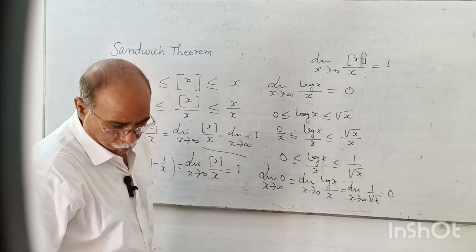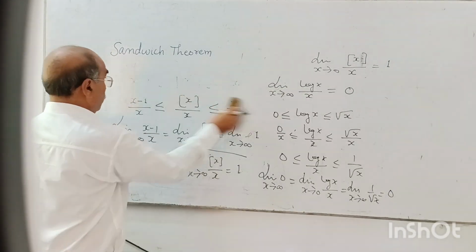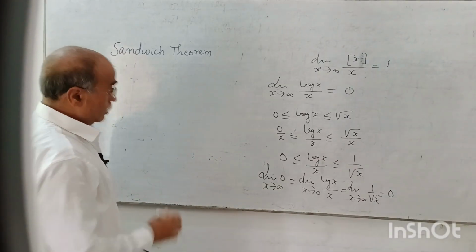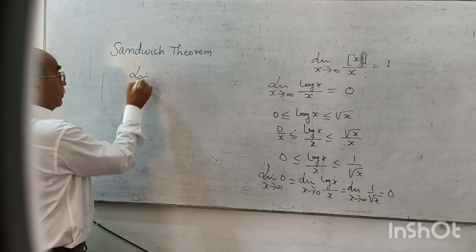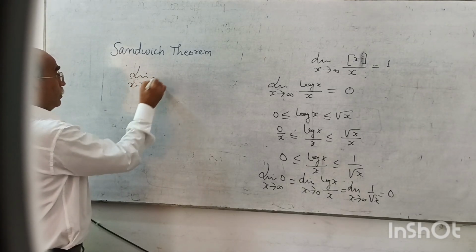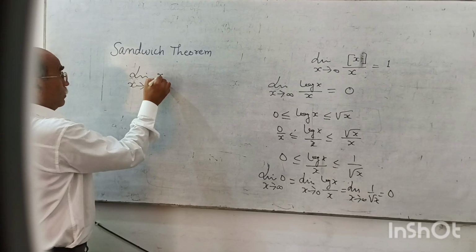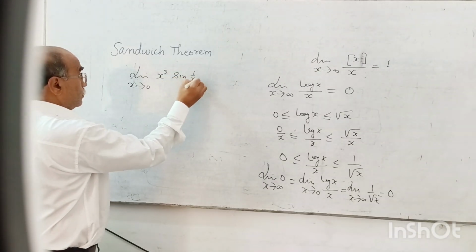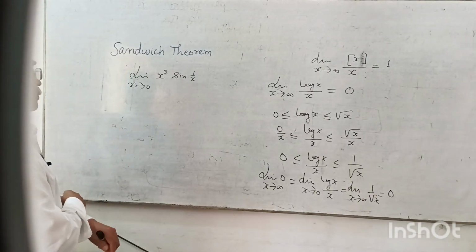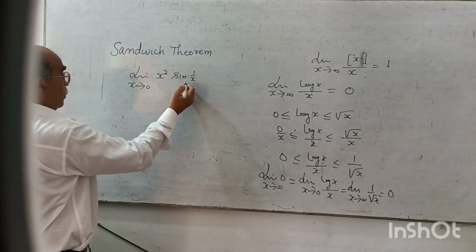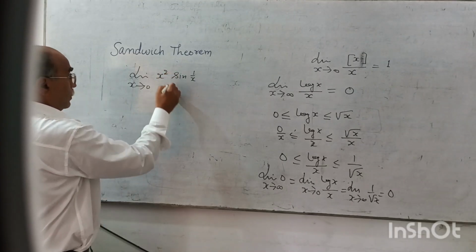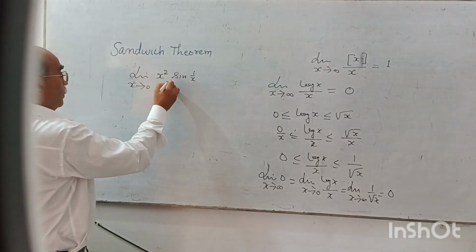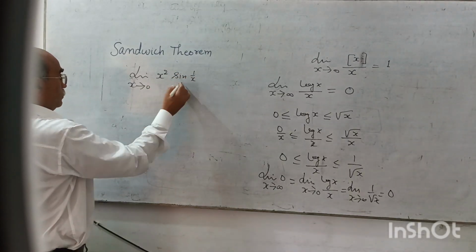Here is one more question based on the sandwich theorem, very common. I am talking about these questions. These questions are very common, and very often children make mistakes here. The limit as x tends to 0 of the function x square multiplied by sine 1 upon x. You know here, students, the value of sine x, if written with the mod, is always between minus 1 and plus 1.